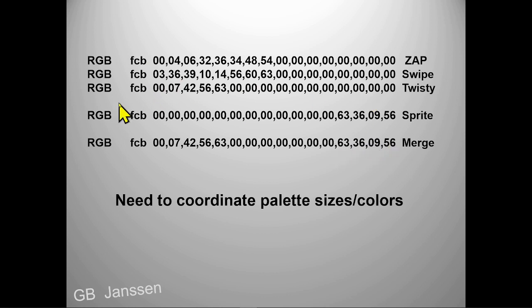I merged them 2 together. It ended up like this bottom line here says merge. It had the Twisty stuff, and on the end the Sprite stuff. And then when I did the other backgrounds in there, I merged them together. These 4 bytes here were at the tail end, so they were all coordinated and they worked together.